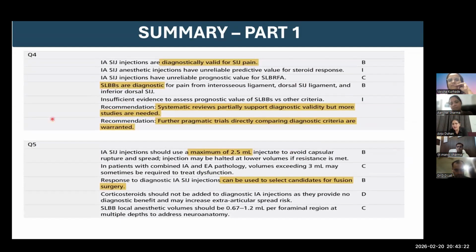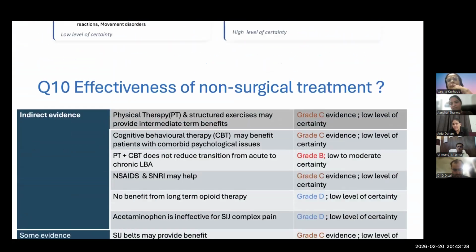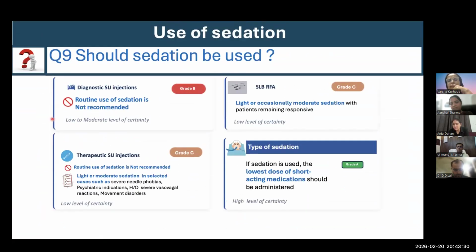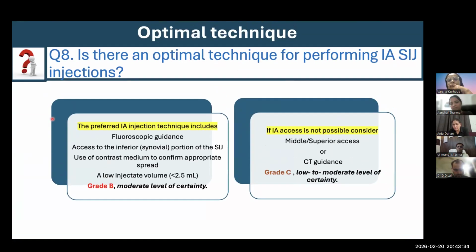Even if we see the ASPN guidelines 2024, they said that three or more provocative tests positive can be used to say that it is SIJ complex mediated pain and we should go for injections.